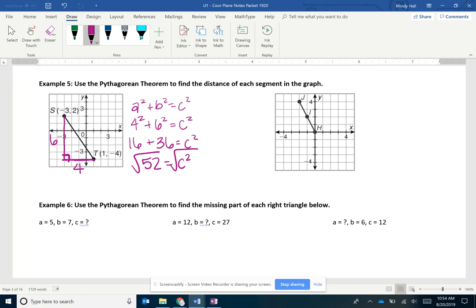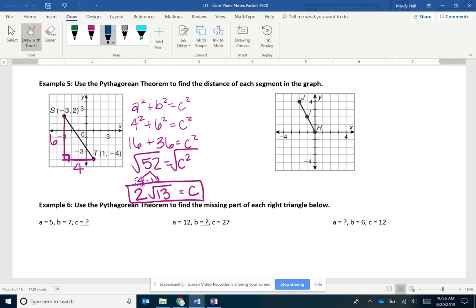Technically, you could leave your answer as the square root of 52, but you do want to check to make sure there's not a perfect square in there. In this case, 52 multiplies to 4 times 13, and 4 is a perfect square. So the square root of 4 is 2, and the square root of 13 is still in there. So C is actually 2 square root of 13. Now, if you left it as square root of 52, you would still get points for it, but maybe not full credit.